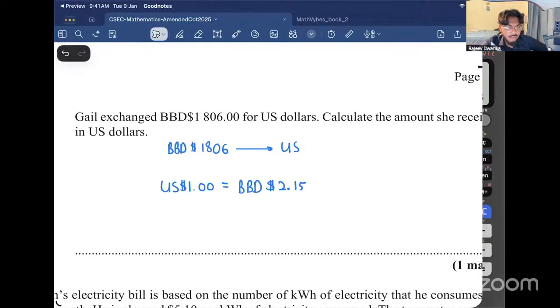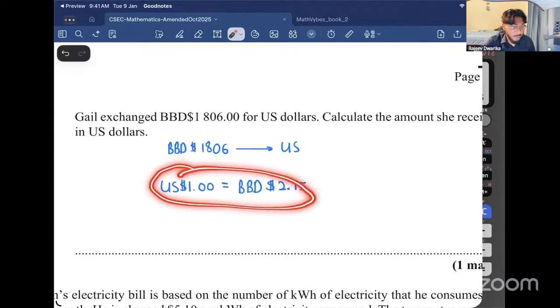So if I knew what 1 BBD was, do you think that would help? And so because you will multiply it. I'll multiply by what? If I knew how much 1 BBD was, what would I multiply that by? You multiply by the 1806. Exactly. So is it possible for me to find for 1 BBD here? How would I find for 1 BBD?